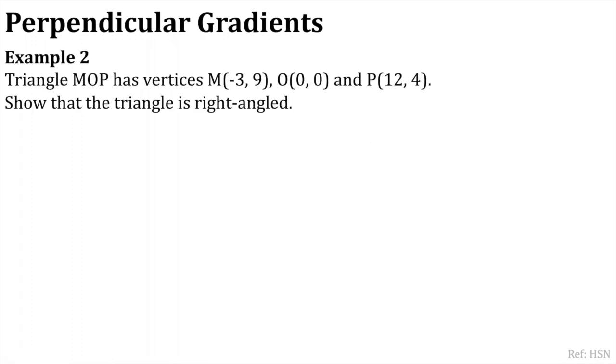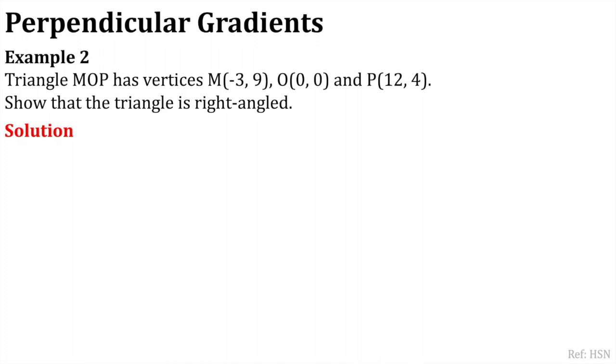Okay, so example 2. Triangle MOP has vertices M (-3, 9), O (0, 0) and P (12, 4). Show that the triangle is right angled. So for this question, obviously we're learning about perpendicular gradients, so we're expecting two of the sides of the triangle to have gradients that give us negative 1 when they're multiplied together.